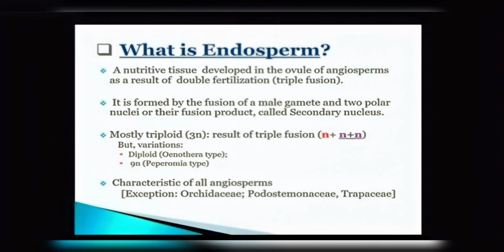Next, this feature is seen in all the angiosperms except the Orchidaceae, Podostemaceae and Trapaceae families. Except these three families of angiosperms, all the remaining families form endosperm.